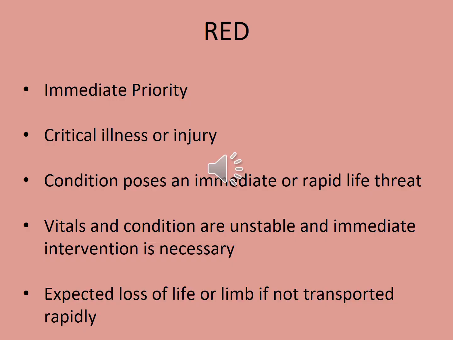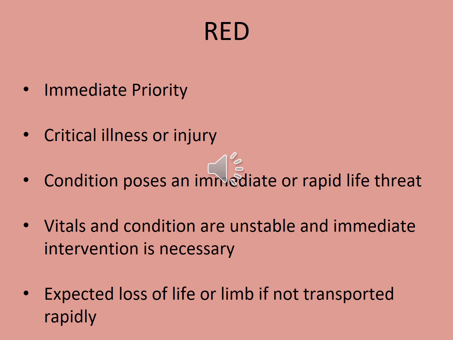So code red is going to be a fairly rare instance. These patients would be considered immediate priority or a critical patient. They've got some kind of a major injury or illness that is critical in nature, and it poses an immediate and rapid threat to their life.